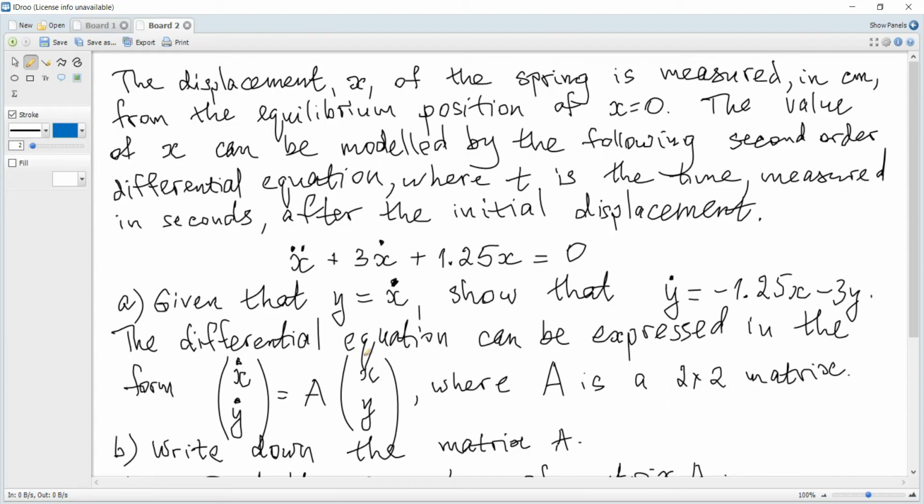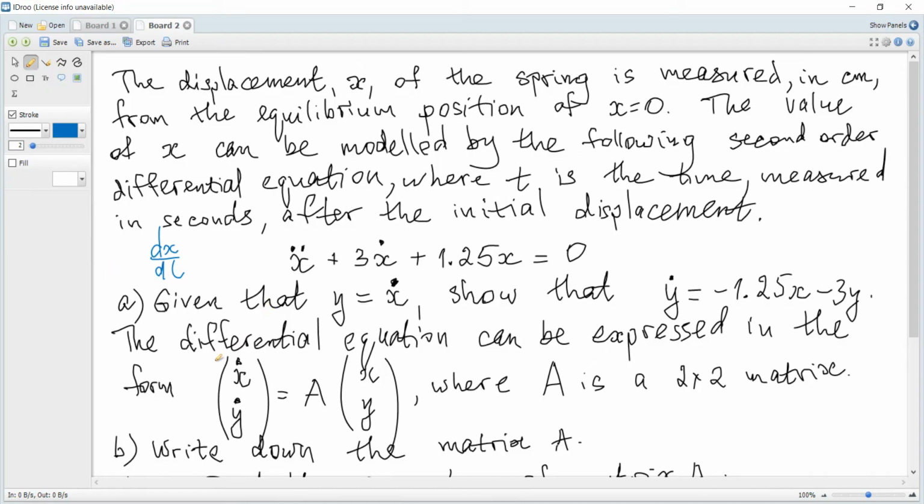So first of all, you should understand what this dot implies. Derivative with time. So it's dx over dt, and hence 2 dots means the second derivative with time.